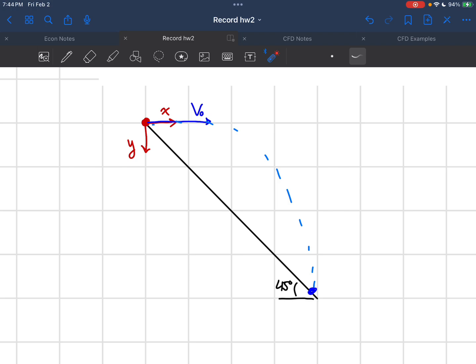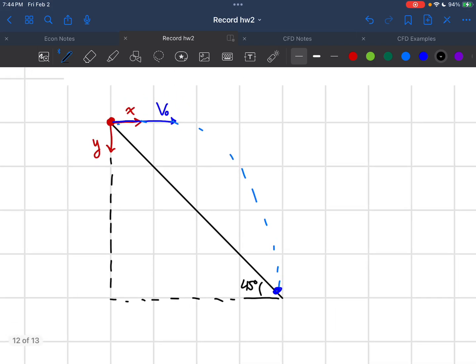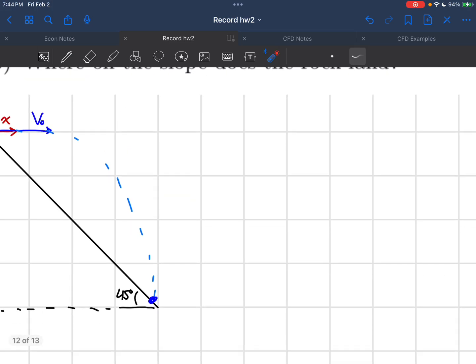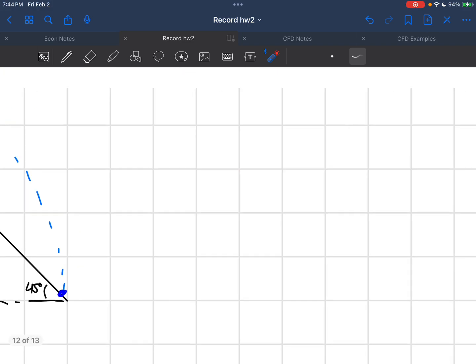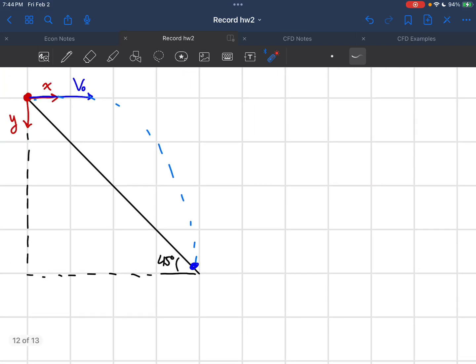So I want to think about, how do I know that the rock has landed back on the slope? Well, if I look carefully at my coordinates, because usually when we talk about something landing, we say that the y position is 0. Right? It's landing back on the ground, so it started wherever and it's landing at what I called my 0y.